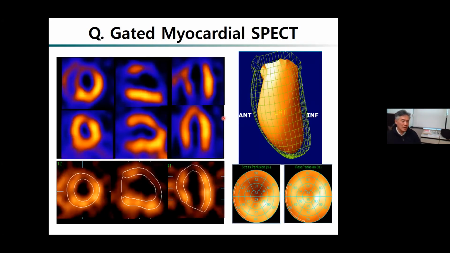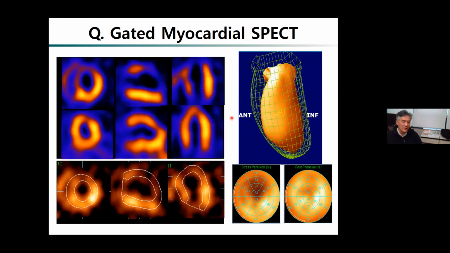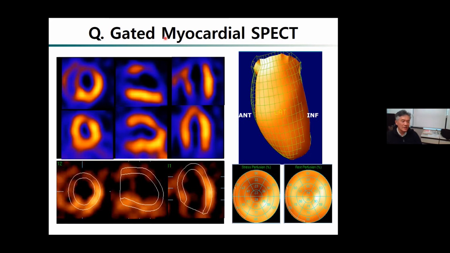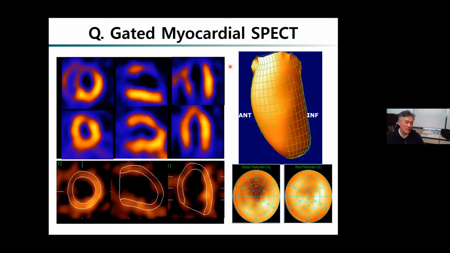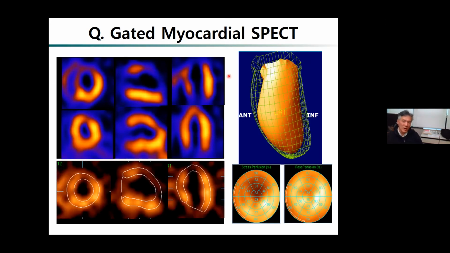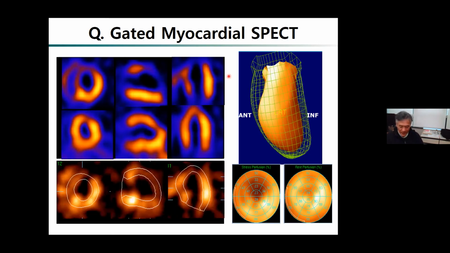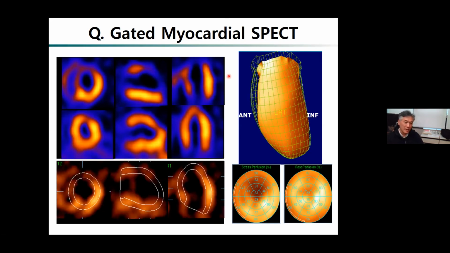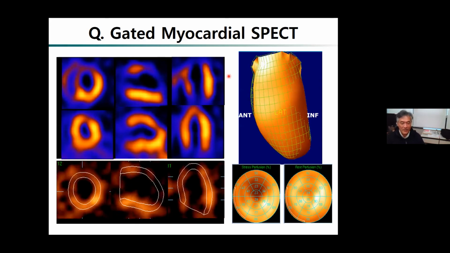So sometimes we can do these kinds of reconstructed images, that is, quantified gated myocardial SPECT images. Then you can see the lower uptake in the myocardium, and we can get information from these images about which kinds of vessel was blocked or has a leakage.